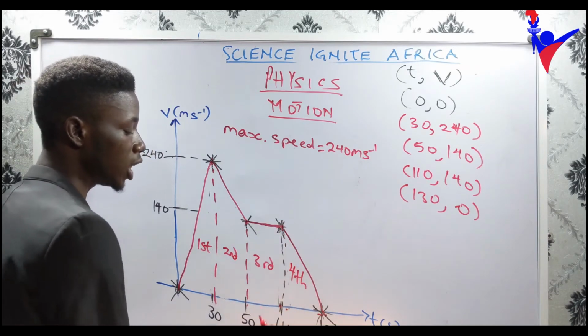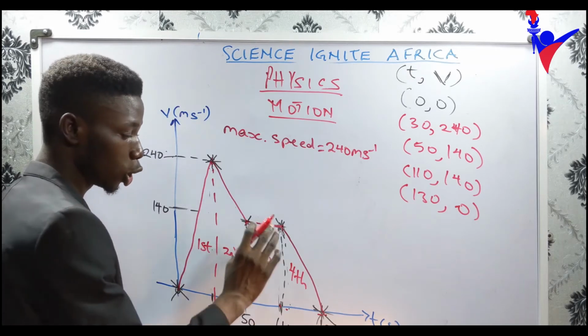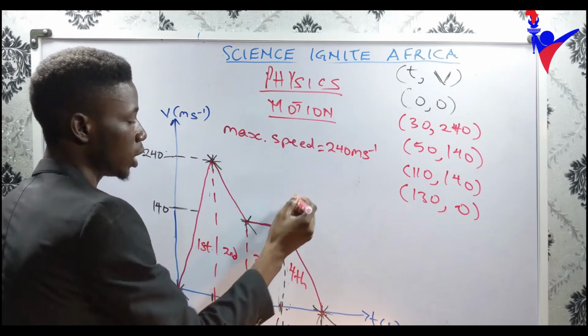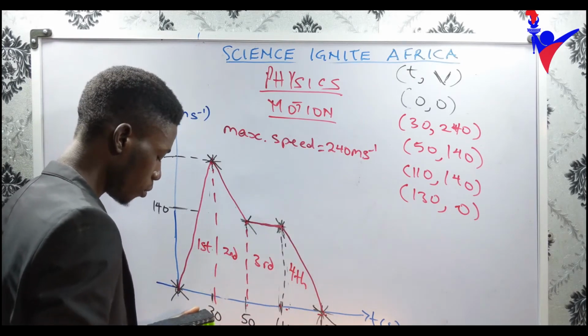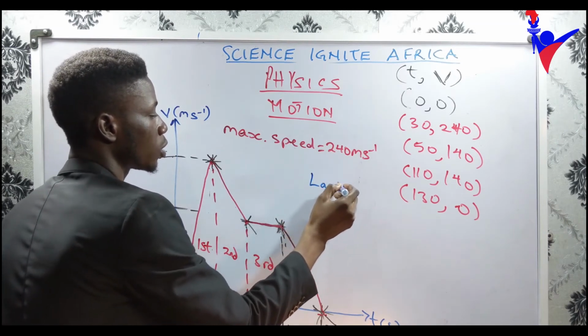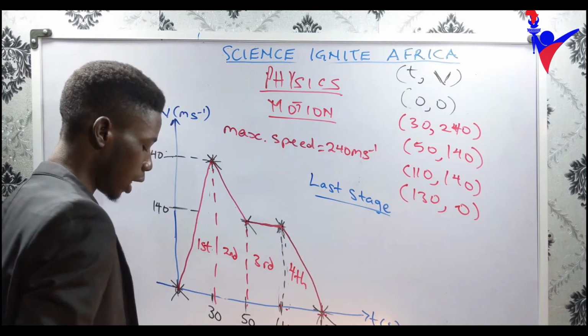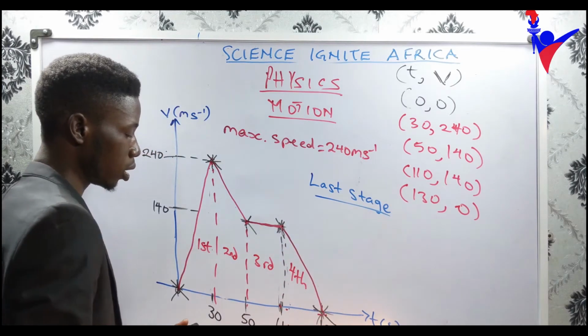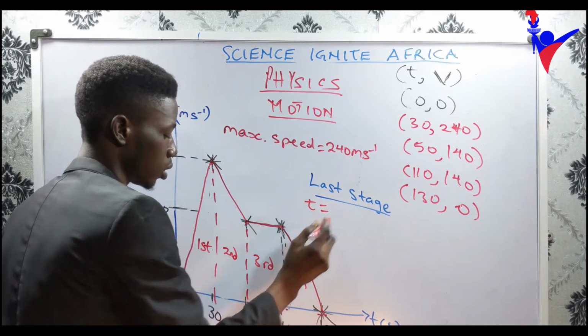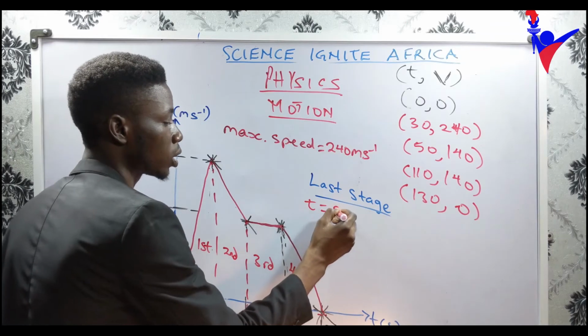So this fourth stage ranges from 110 seconds to 130 seconds. Which means that for the last stage of the motion, the time is from 110 to 130, that's 20 seconds.